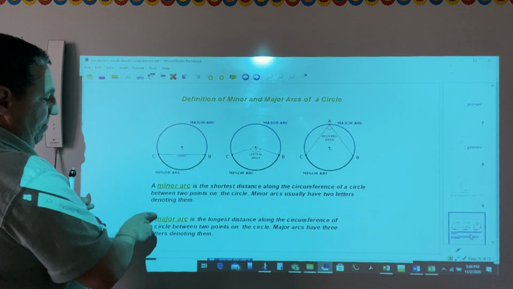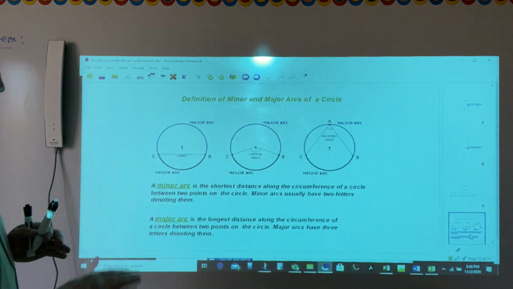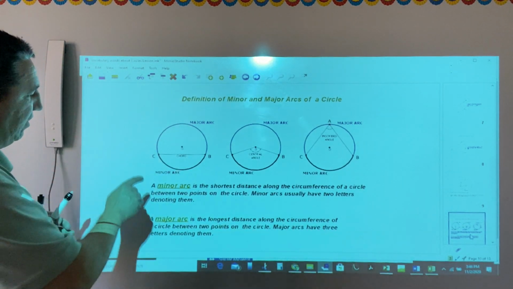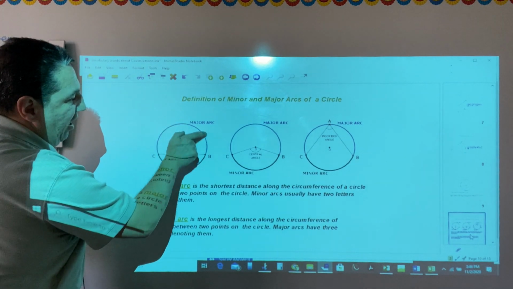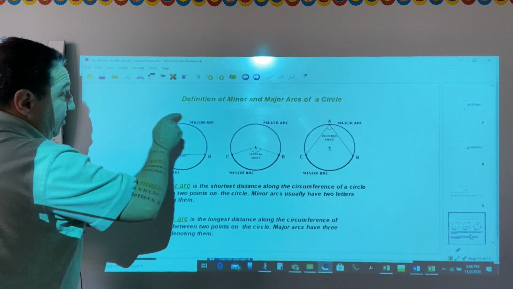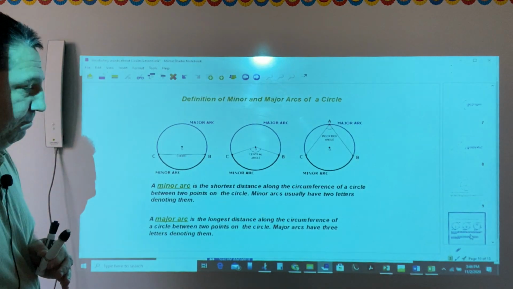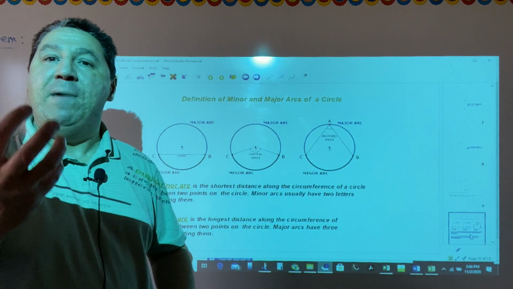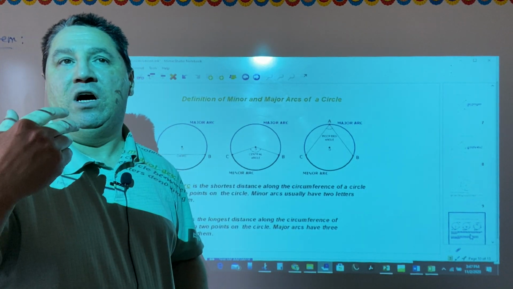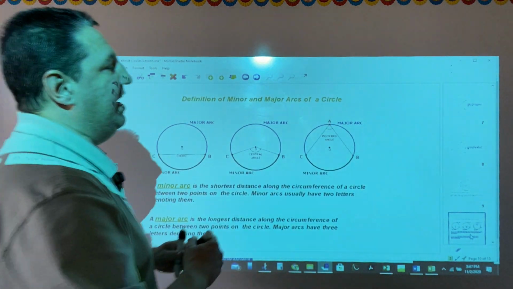And a major arc is the longest distance along the circumference of a circle between 2 points on a circle. In other words, this is a major arc, because it's the longest distance. This is the shortest one, and this is the longest one. That's why we call it major. We name a major arc using 3 letters, and the symbol for arc is this one.